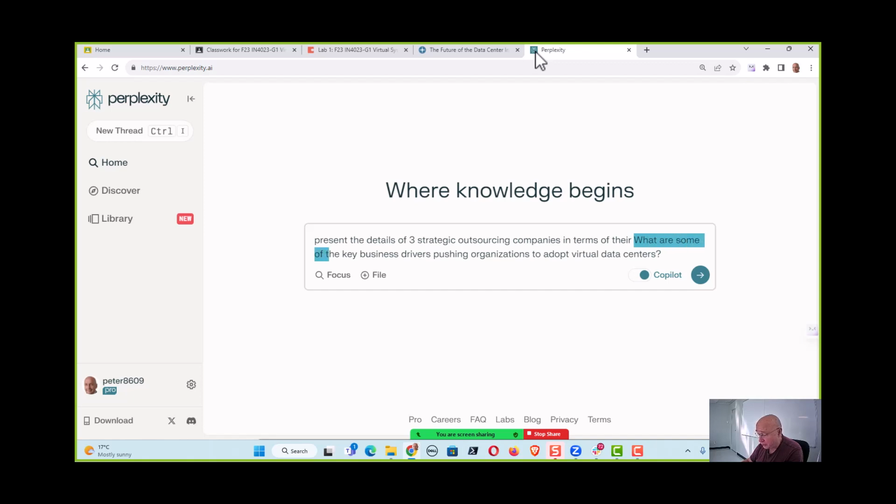What are the key things that they run their business based on? Driving their organizations or pushing their organizations to adopt virtual data centers.